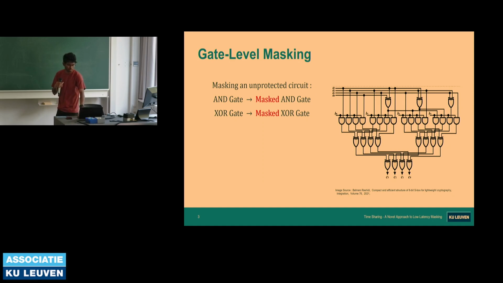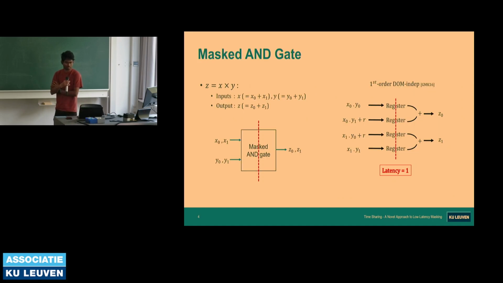An example of an AND gate is a DOM in-depth AND gate. It takes two inputs, X and Y, each of two shares, and then it operates on one share each, X0, Y0, X0, Y1. And then some of those are refreshed, and then they're all stored in a register. These registers are important for stopping glitches, but it does introduce latency.